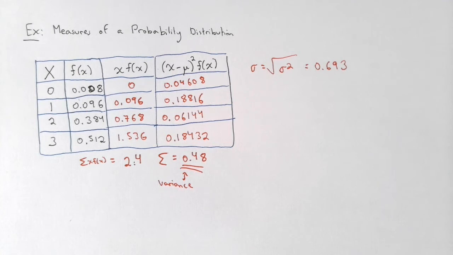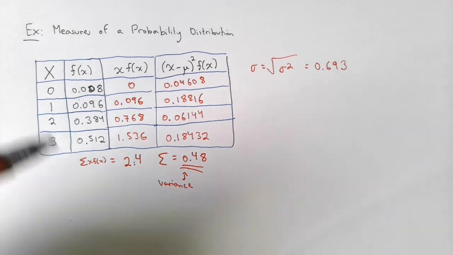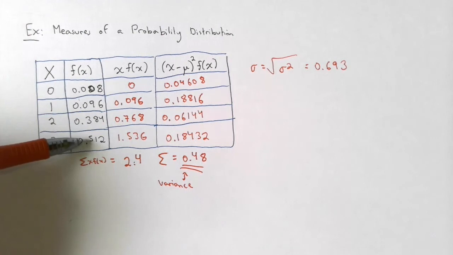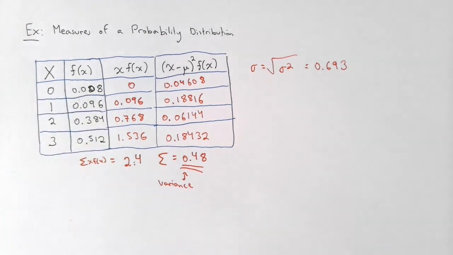So those are the three measures that I wanted to talk about. Now, I'd like to use the remainder of this class to talk about some common probability distributions. Not all probability distributions are the same, right? This one has these values. Other probability distributions will have other values. So there will be different types of probability distributions, but sometimes your probability distribution can be kind of grouped together because of similar features.